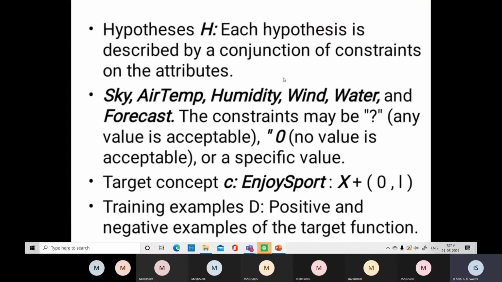Now under this hypothesis, we have learned the equation. If inputs are there, we use h of x, small h of x. Output is represented with c of x. And what is c? C can be either 0 or 1. 0 is a negative prediction, and a positive prediction is represented by 1. This c is also called the target function or target value.